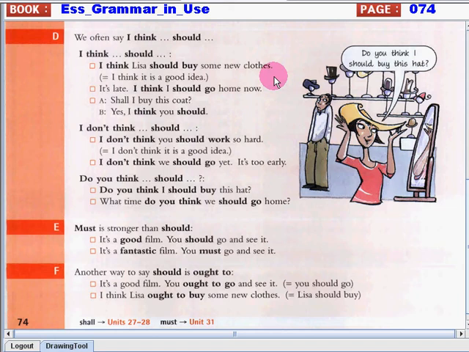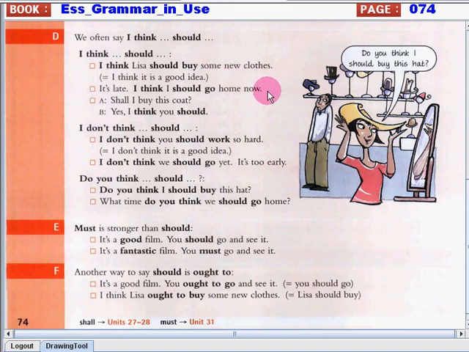That means the speaker is saying that he or she thinks it is a good idea that Lisa should buy new clothes. Okay? So, in short, you are saying your opinion and you're saying that your opinion is a good idea.